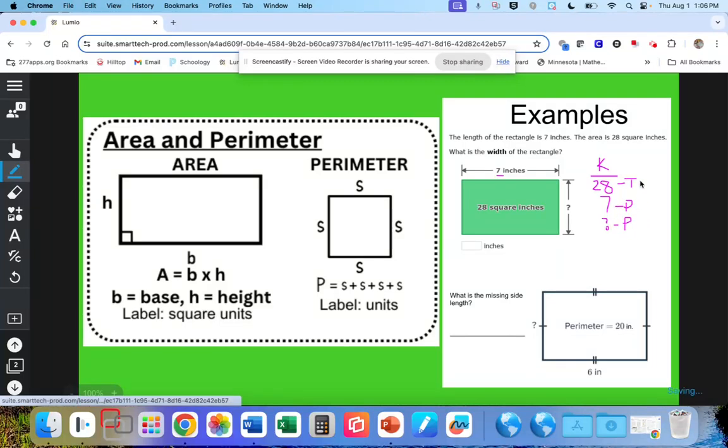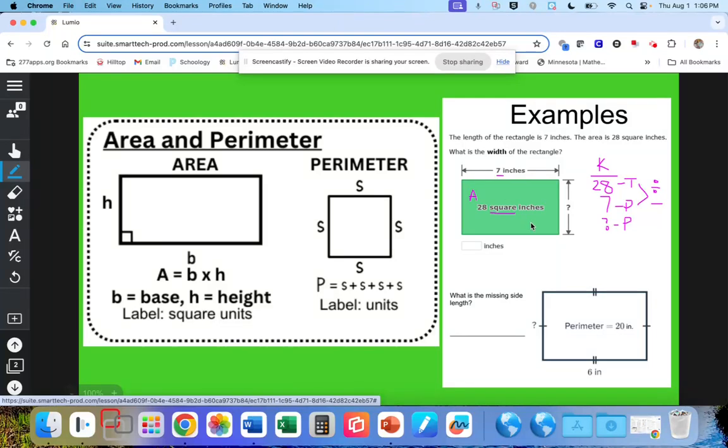Now, if we have a total and a part, we know that we are going to be dividing or subtracting based on what type of problem it is. So in this case, it's talking about squared inches, which means that this is the area. And in order to find the area, we needed to do base times height.